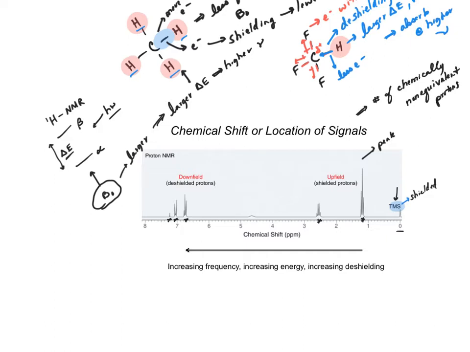And then where they're at is going to tell us a lot about the electron withdrawing groups that are nearby, essentially shifting where you would expect to find their signal due to that deshielding effect overall.